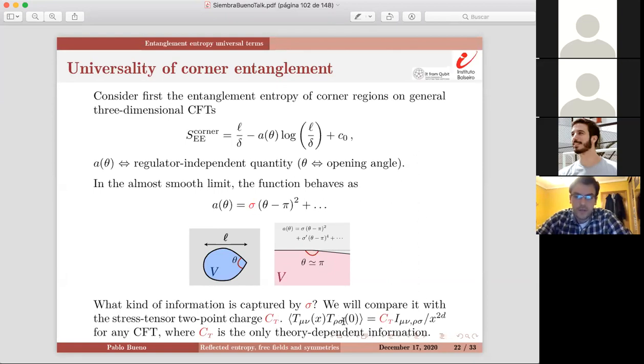Perhaps you remember that the stress tensor 2-point function is completely fixed by conformal symmetry in general dimensions. This is a tensorial structure which is the same for all possible CFTs, and the only theory dependence is through this charge C_T, which in 2 dimensions, for instance, coincides with the Virasoro central charge.